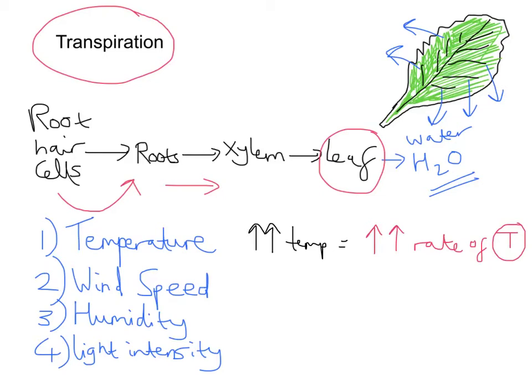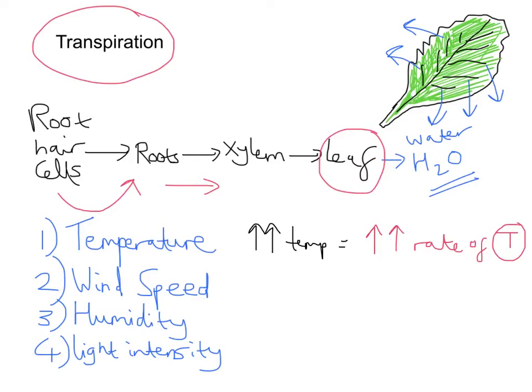That's because as the air temperature increases, the air and water molecules gain kinetic energy. So they move faster. When particles gain kinetic energy, they move faster. So the water molecules would evaporate and diffuse from the palisade cells, the cells in the leaf, much faster, and they'd therefore escape through the stomata faster. So if you increase the temperature, you increase the kinetic energy of the particles, so the whole process just happens faster. You get an increased rate of transpiration.